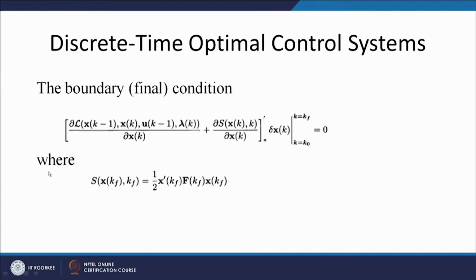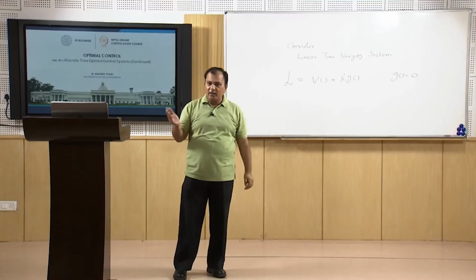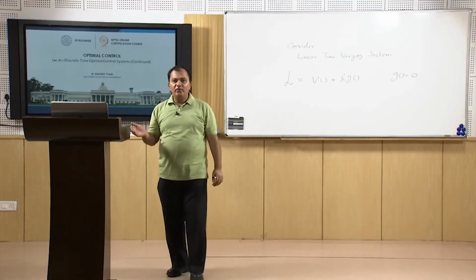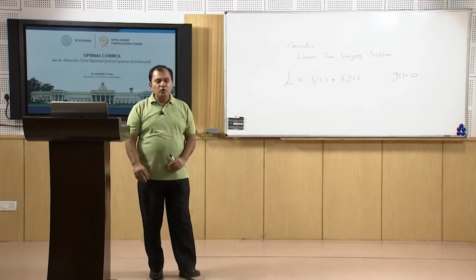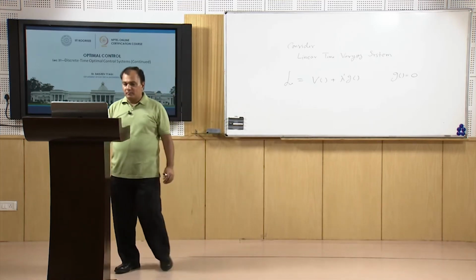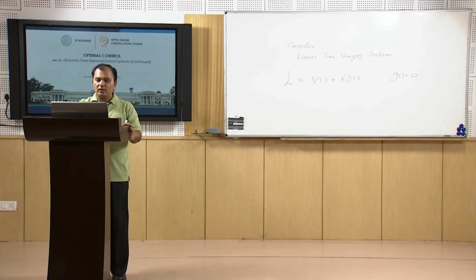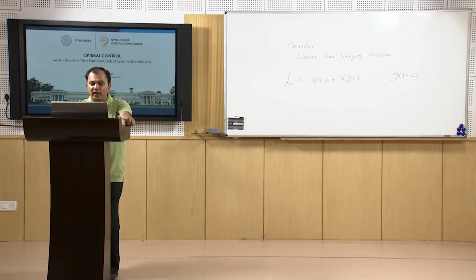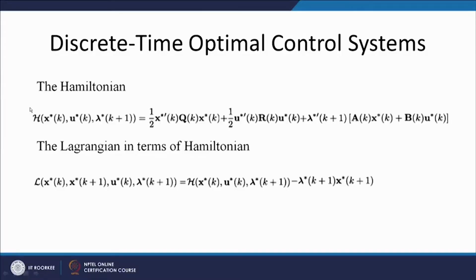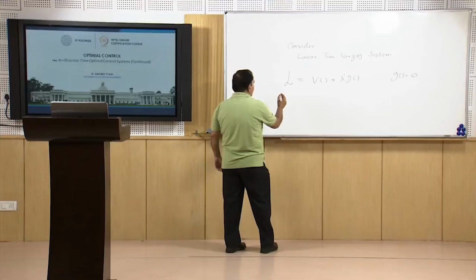So, this optimal control problem can directly be solved using the Lagrangian approach, or further we can simplify this using the Hamiltonian. So, we define our Hamiltonian H. What is H compared to L?